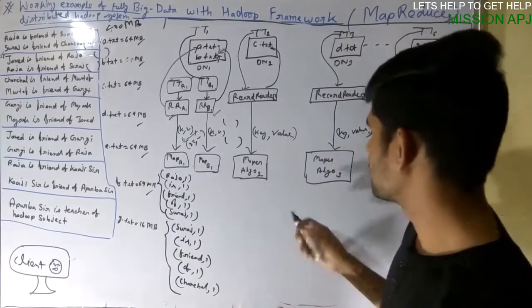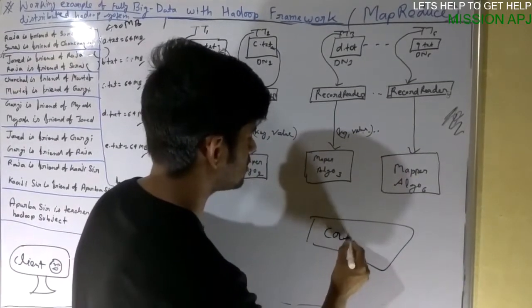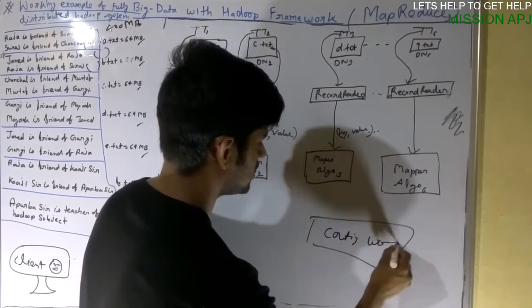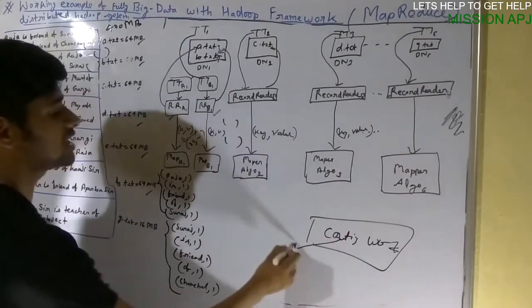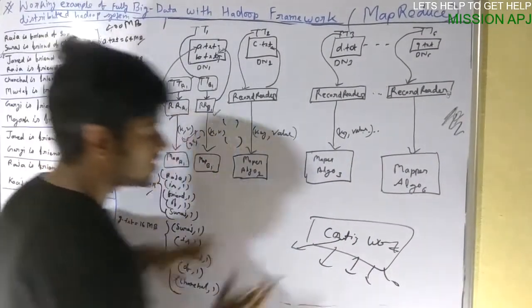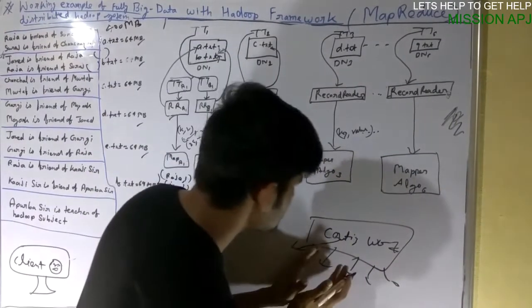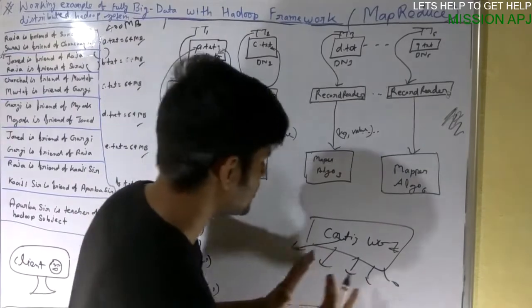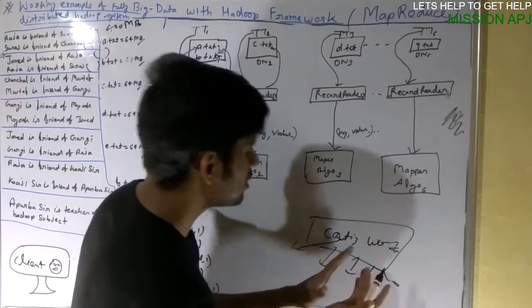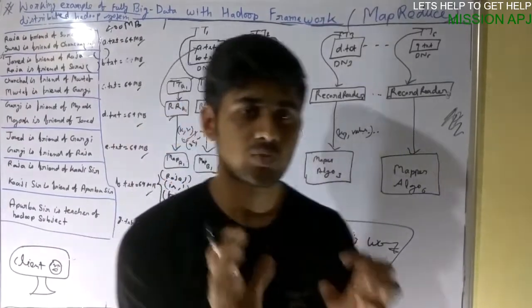So the word counting has been taken as a single process. This has been assigned to different task trackers. Each task tracker is doing its own job on a particular piece of data. The second task tracker is again working on a particular piece of data, and so is the third.